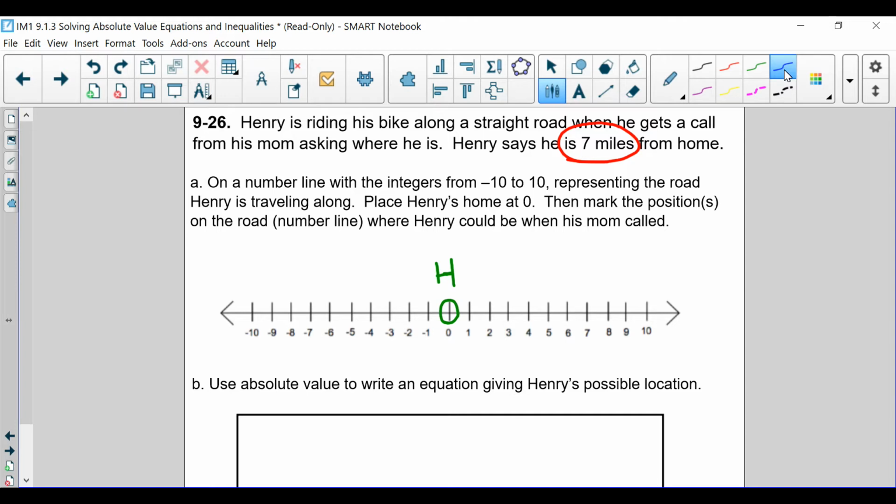Most of you would probably say he's here, at positive 7, because that is 7 away from 0. However, is that the only possible location that he could be at? No, actually. He could possibly be at negative 7, which is also 7 away from home.